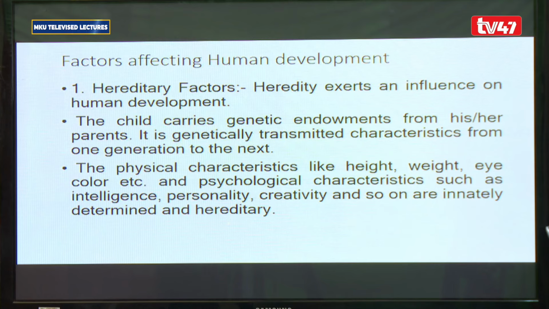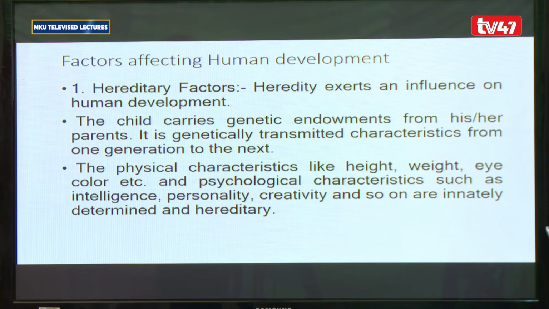Of course, these hereditary factors have to do with our genetic makeup that we receive from our parents at the time of conception. That's where we say that the child carries genetic endowments from the parents. With this genetic material, we have characteristics being transmitted from one person to the next across the generations.